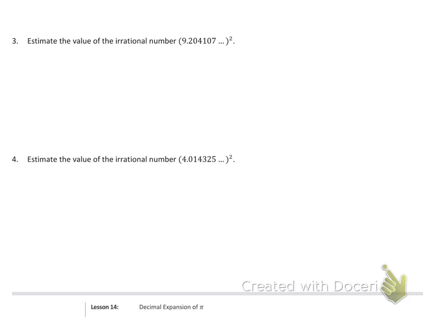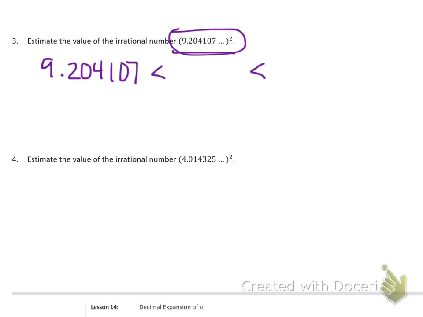Okay, I don't want to go through these last two in the video. You have the teacher's notes. You can check these. But this next one in number 3, if I square this, the lower bound for this number is 9.204107, truncated like that. So then the square that I'm trying to find is going to be between that and the next place value up, right? 9.204108.